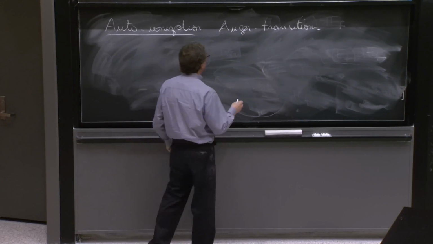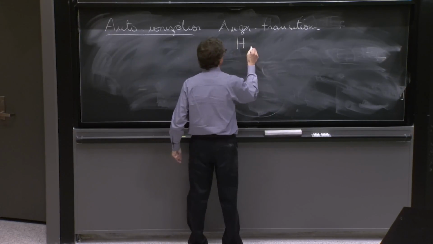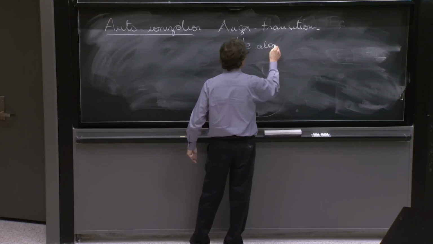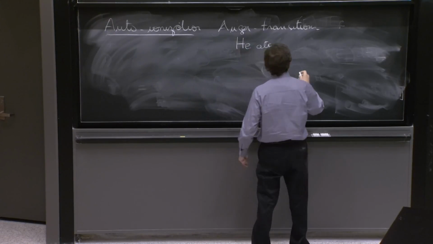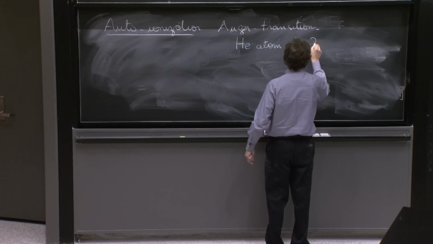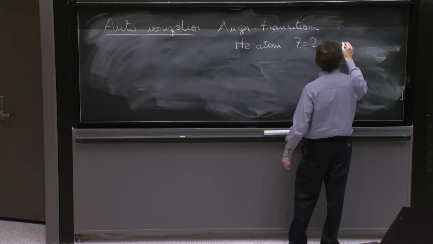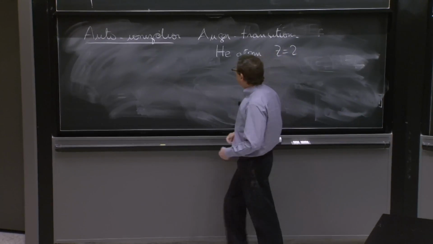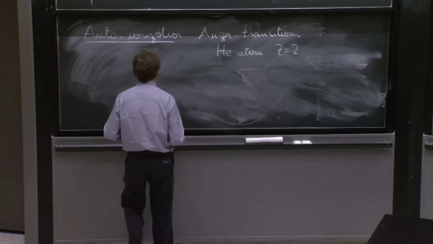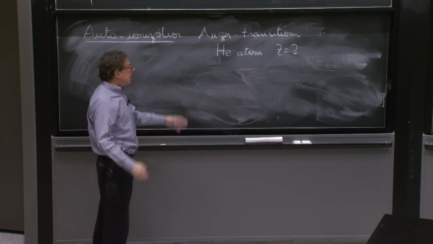So let's assume we have a helium atom. You have Z equals 2 protons and 2 electrons. And I will assume that we have hydrogenic states.